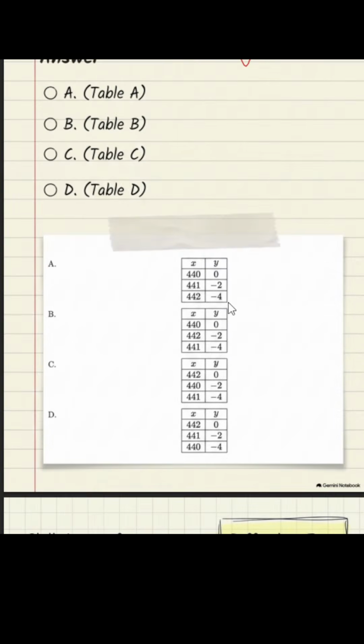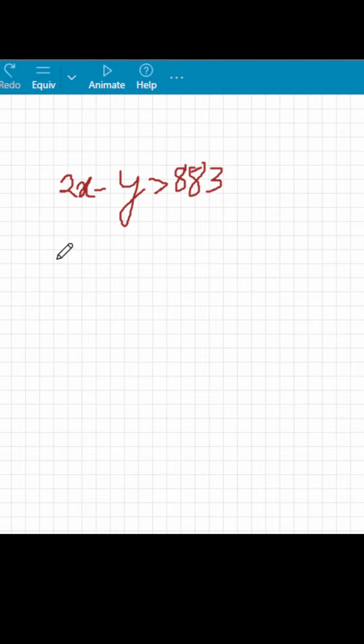So by looking at the options, we can see that each of the options has x values as 440, 441, and 442. And also for y we have the same three choices for all the options, that is 0, -2 and -4. So for these specific values we can find what should be the value of x. So for 0, -2 and -4, let us see what should be x.